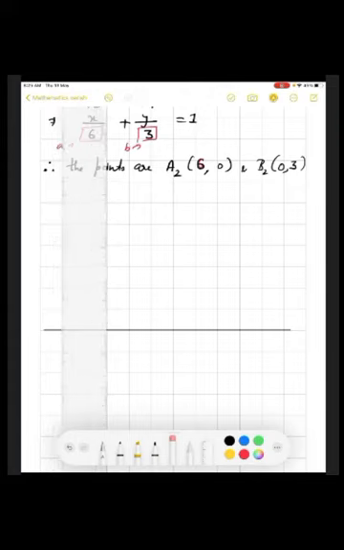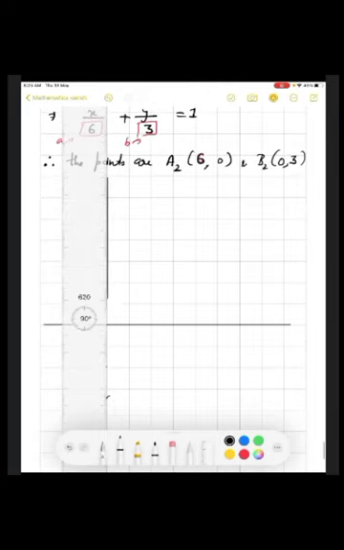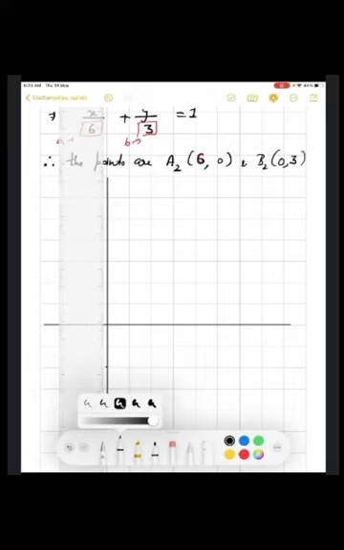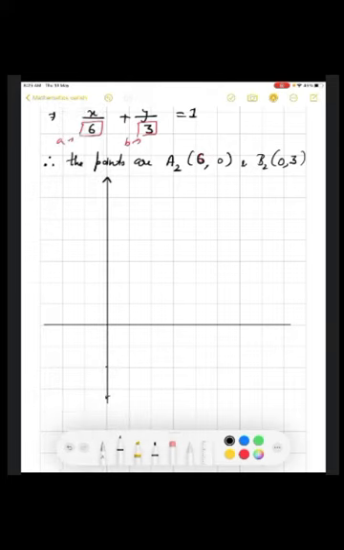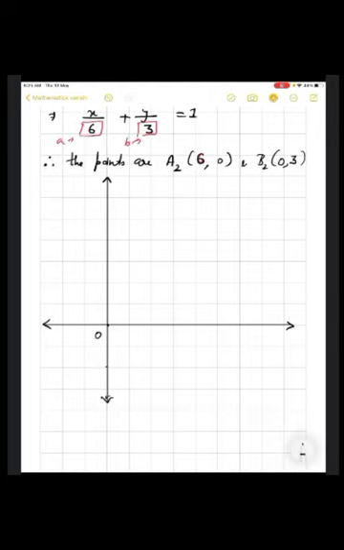So my points will be, so this is origin, this is obviously -1, 1, 2, 3, 4, 5. Here I'll have 1, 2, 3. These are the points, and this is -1 and -2. So this is my x-axis, this is my y-axis.